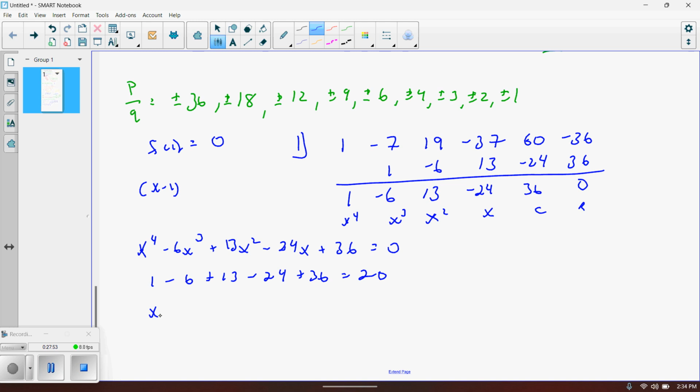So then x minus 3 would be a factor. So then you would do 3, and you would have 1, negative 6, 13, negative 24, 36, and then repeat the process. Because 3 is a factor, you would get 0 on the end, and then you'd have a cubic left over, and the process would just keep repeating.